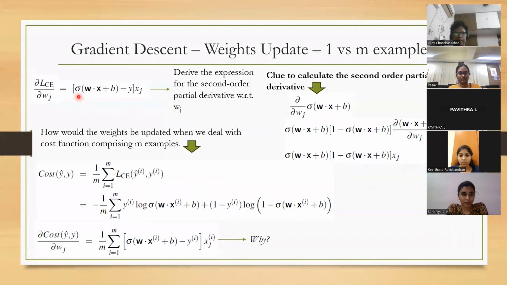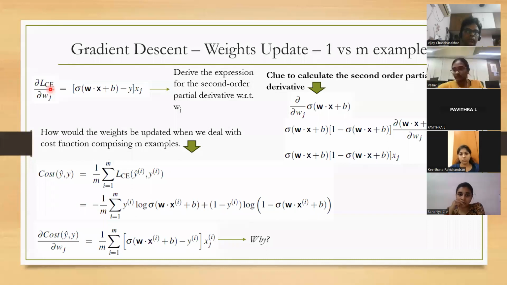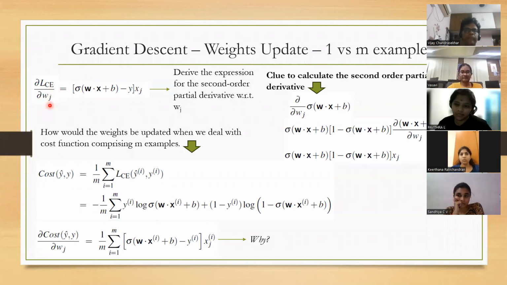So I hope this expression rings a bell. What does this expression say? It basically says that you take a data point, an example, and then you figure out the cost, and then you calculate the partial derivative of the cost with respect to Wj.